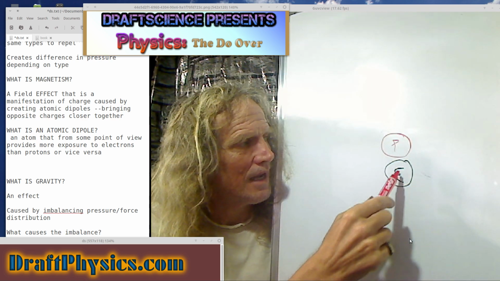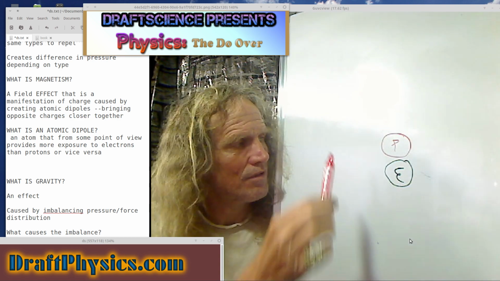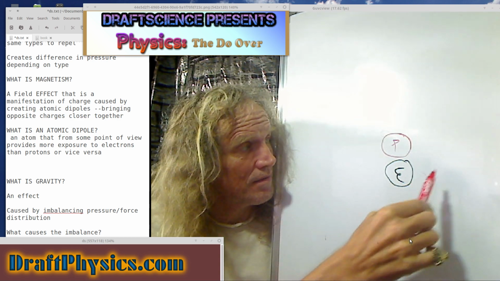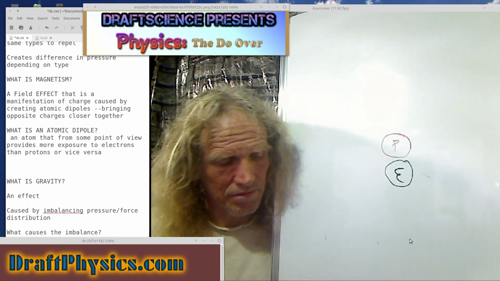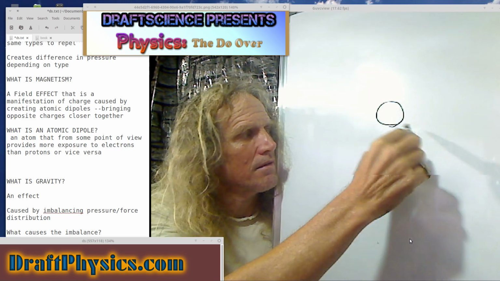So any place I have an electron and a proton in relationship to each other, I essentially have a little magnet there. And the point could be argued that in some atoms, this magnet is undone in terms of its meaning, because you essentially create another magnet this way.